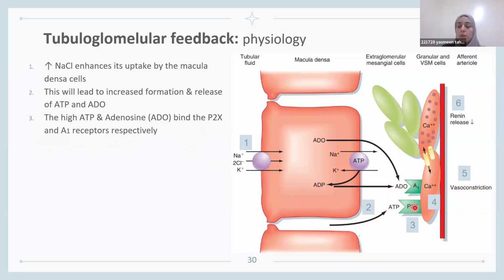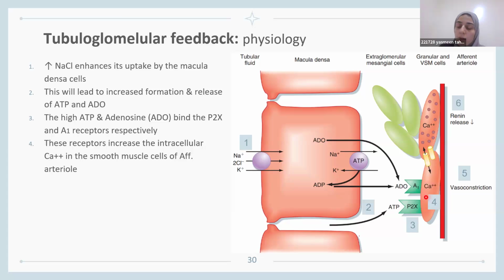These receptors will activate an increase in the intracellular calcium levels in the smooth muscle cells of the afferent arteriole. So when we have higher intracellular calcium in the smooth muscle cell of the afferent arteriole, this will cause a vasoconstriction in the afferent arteriole. And we talked earlier about the afferent arteriole.